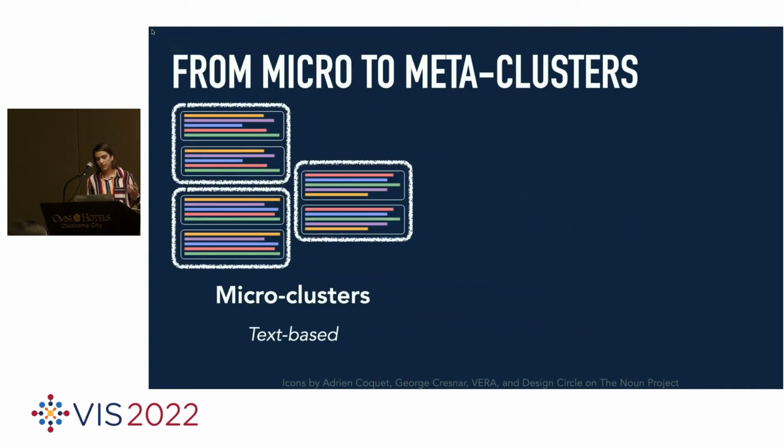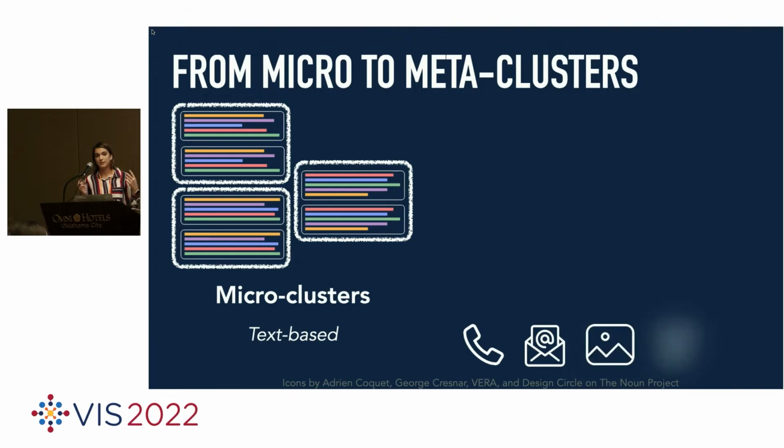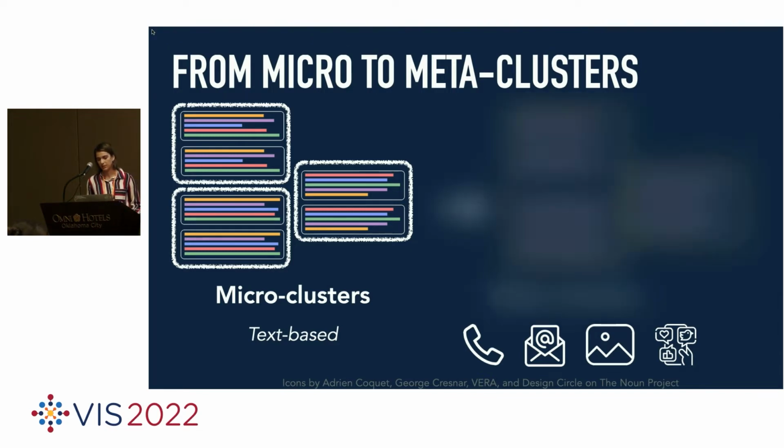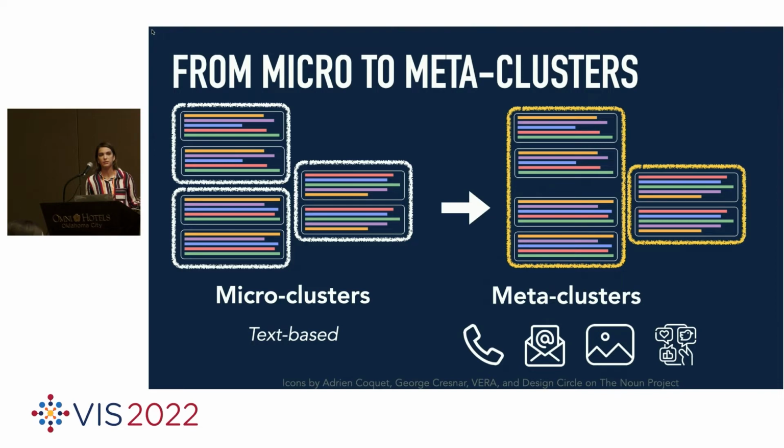So if we look at these microclusters and observe the different pieces of metadata they use, like phone numbers, emails, images, and social media account handles, we can connect these text-based microclusters into larger metaclusters, which show behavior over a longer period of time in case they changed their template. And this resulting metacluster is what we will visualize to domain experts.